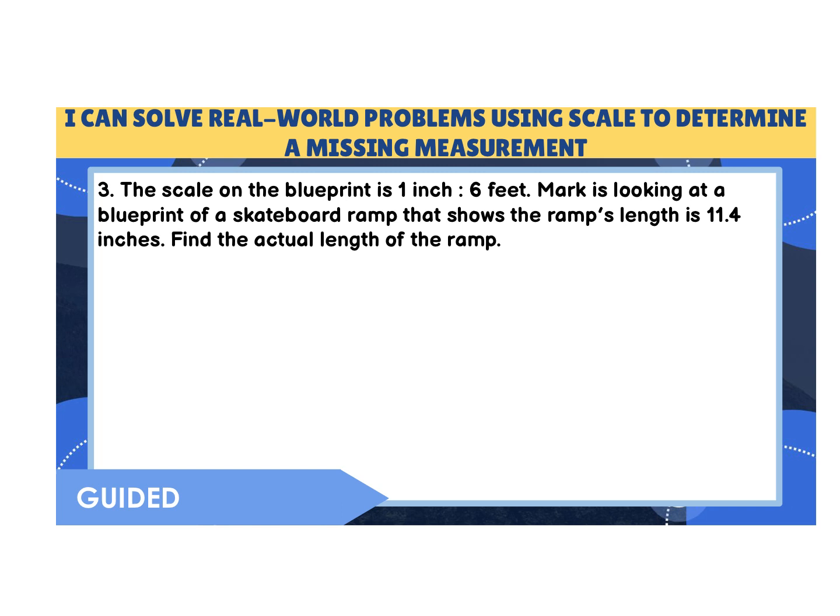Question number 3. The scale on a blueprint is 1 inch to 6 feet. Mark is looking for a blueprint of a skateboard ramp that shows the ramp's length is 11.4 inches. What is the actual length of the ramp? So we're looking for our scale. In this case, our scale is 1 inch to 6 feet. So I'm going to write it as a fraction. 1 inch over 6 feet.